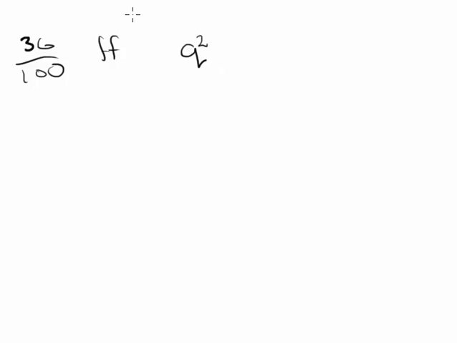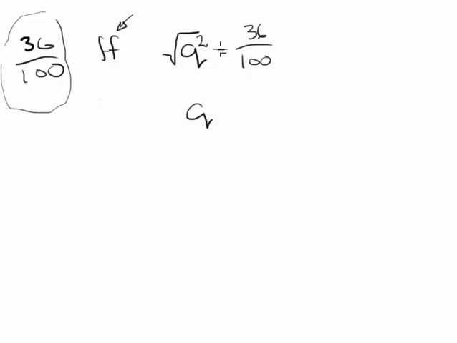And so we don't know what the frequency of little f is, but we know that q squared is equivalent to this number here. And so q squared equals 36 over 100. And so if we want to know what q is, which is equivalent to the frequency of f, we would just take the square root of both sides of this equation.